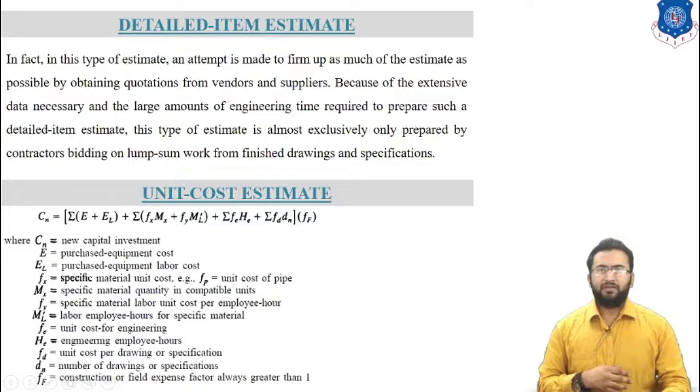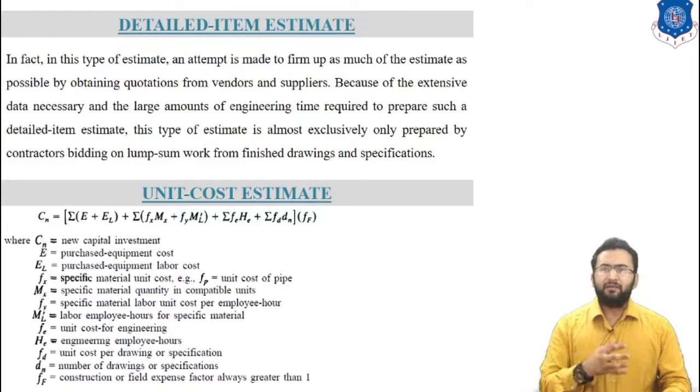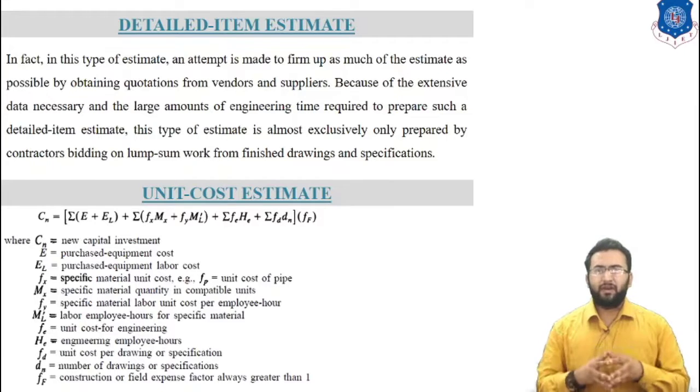A detailed item estimation requires careful determination of each individual item, and equipment and material needs are to be determined from complete drawings and specifications and are priced either from current cost data or preferably from delivered quotation. Installation costs are determined from accurate labor rate, efficiency and employee hour calculation.